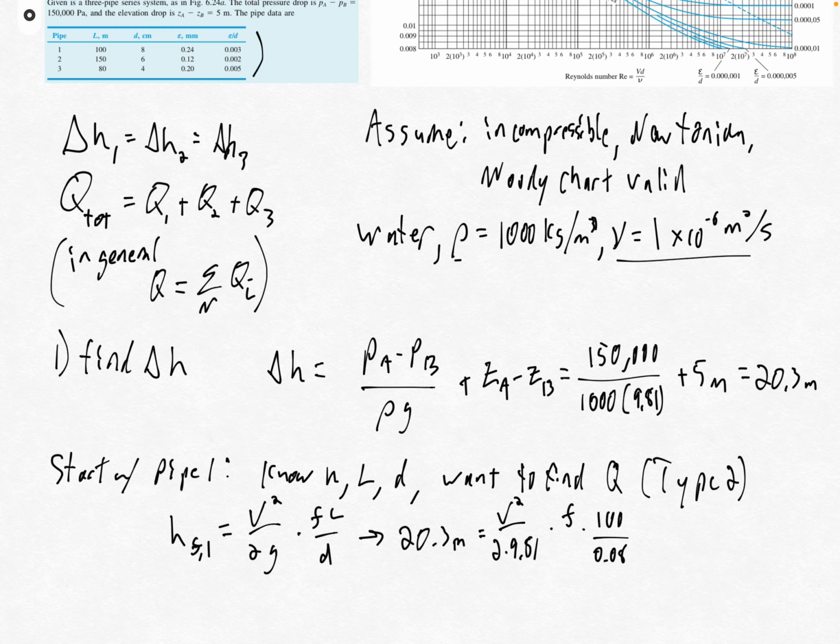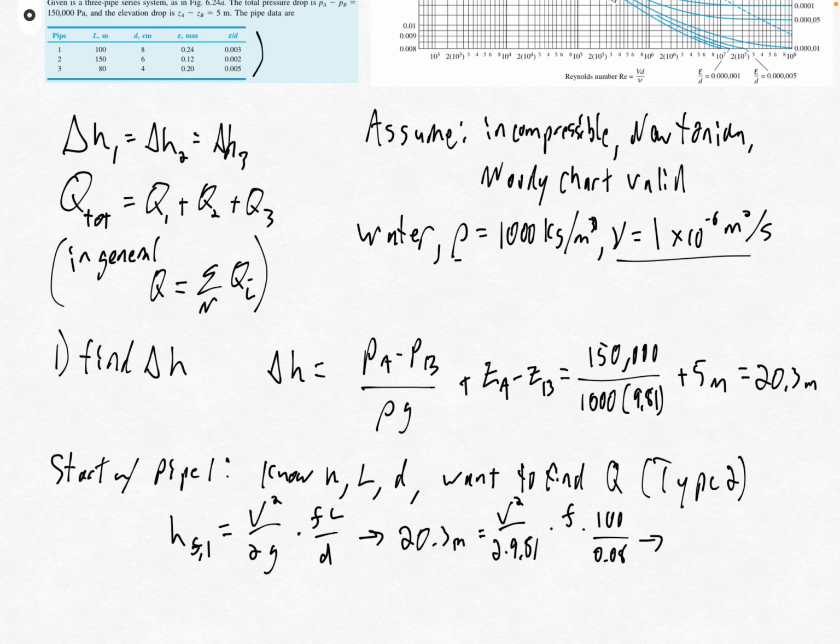If we work all of that out, we're going to have V squared, we'll write this out. Hold on a second while I calculate this. So that's 20.3 times 2 times 9.81 times 0.08 divided by 100.